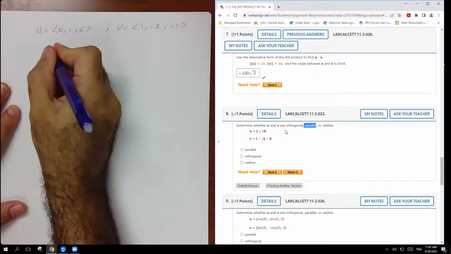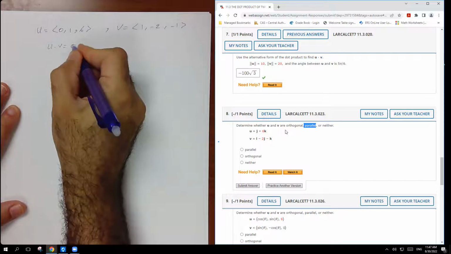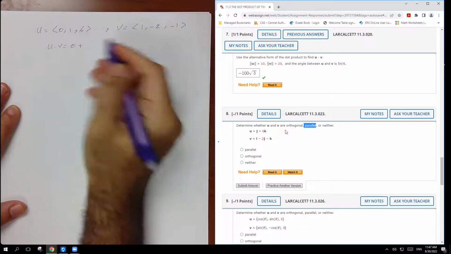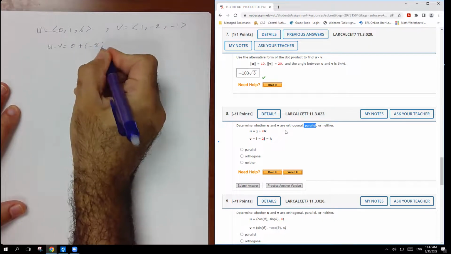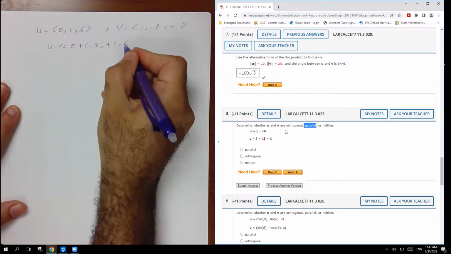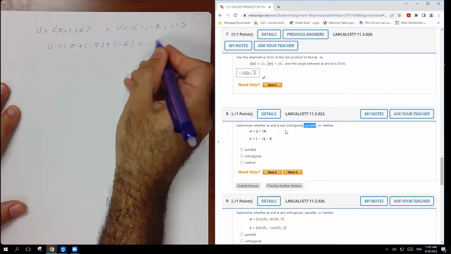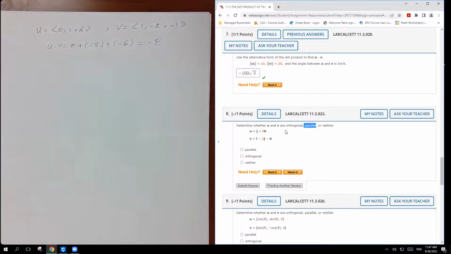The dot product U times V is going to be 0 times 1, 0, plus 1 times -2 is -2, plus 6 times -1 is -6. Is the result equal to 0? No, the result is -8. So it's not orthogonal, and you go ahead and check the parallel.